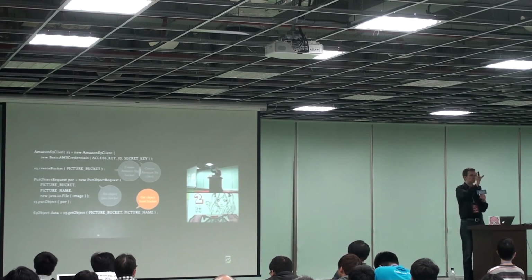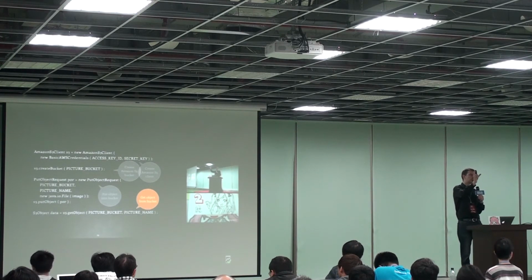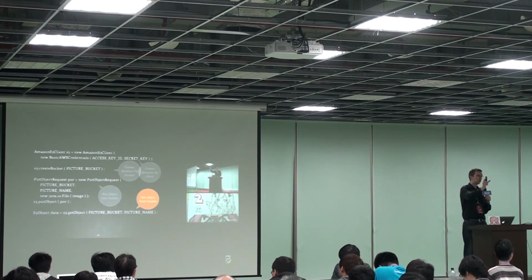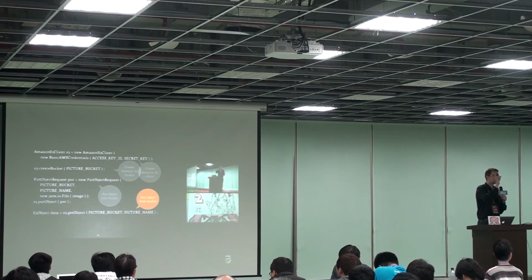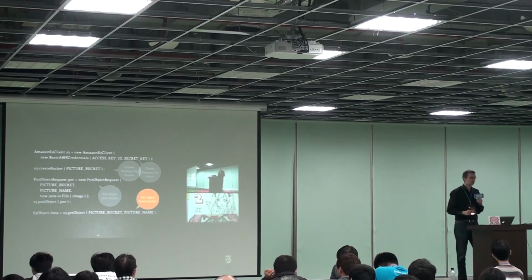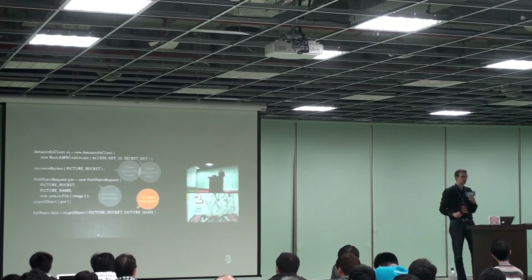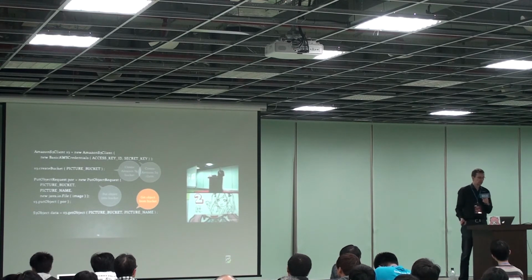S3 gives you a reference, a pointer to the new picture. You put the pointer in DynamoDB. This user ID has stored this picture reference linked to S3, and maybe some metadata for the picture. So you can use DynamoDB, for example, as a place to store reference links.